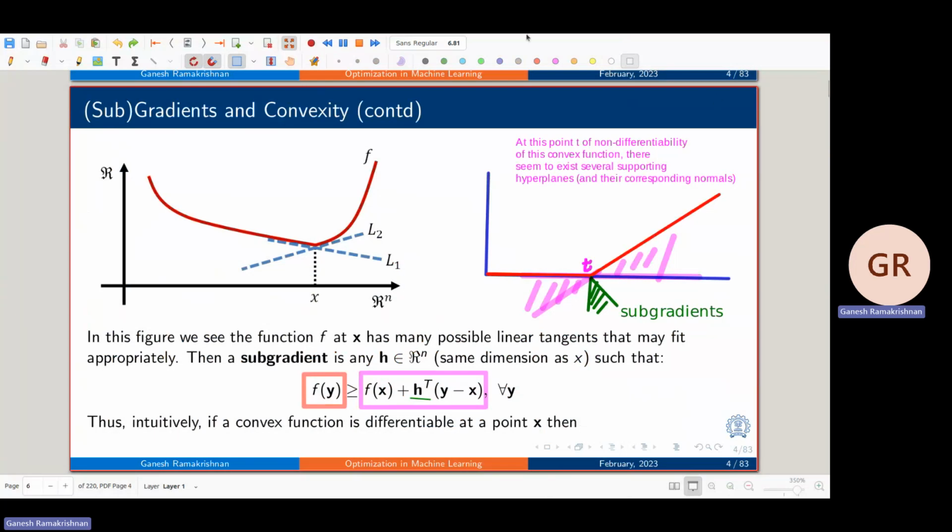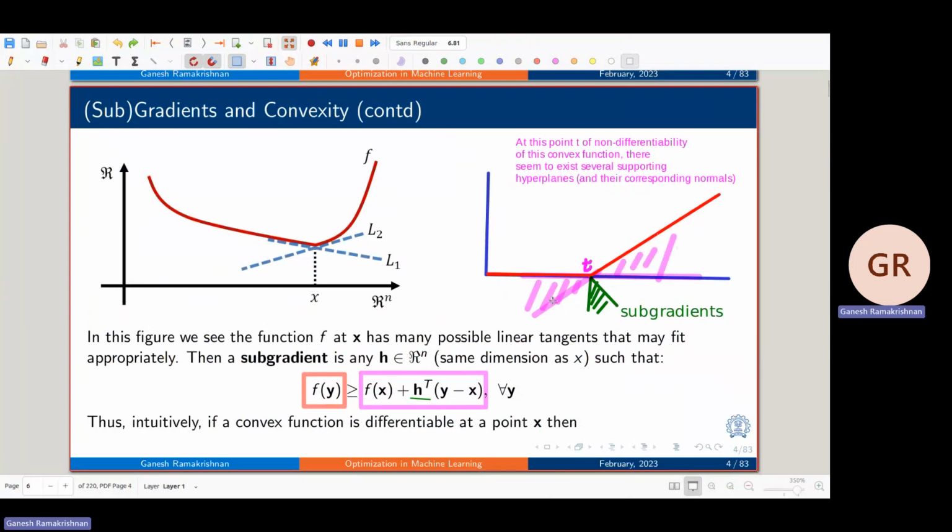Now, just to give an idea why that may not be the case otherwise, let's look at this. If the function is not differentiable, like this hinge loss, you see what happens at this point t where it's convex but not differentiable. You can have lots of subgradients, lots of normals to the tangent, because there are many tangents. All these are tangents, right? You see this entire cone here.